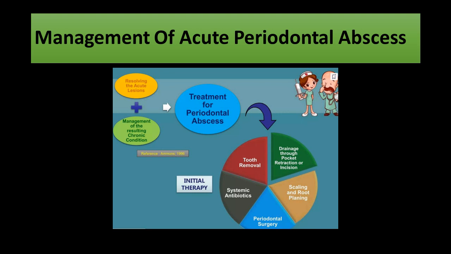So by now we know what an abscess is. How do we classify periodontal abscess, how do we identify periodontal abscess based on its etiology, its onset, its duration, whether it's occurring in a single site or in multiple sites, how do we differentiate between acute abscess and chronic abscess, what are the clinical features of acute periodontal abscess, what are the clinical features of chronic periodontal abscess, how do we differentiate between acute and chronic, what are the clinical features of gingival abscess, what are the clinical features of pericoronal abscess.